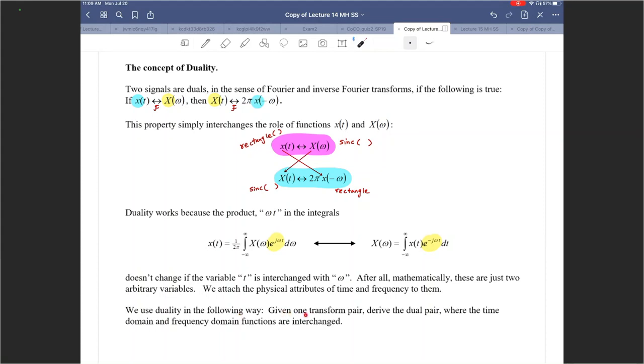If you are given one transform pair, we can derive the dual pair, like we did, rectangle to sinc and then sinc to rectangle. We can derive the dual pair where the time domain and the frequency domain functions are simply interchanged. We will first prove duality, then we will take an example of duality.